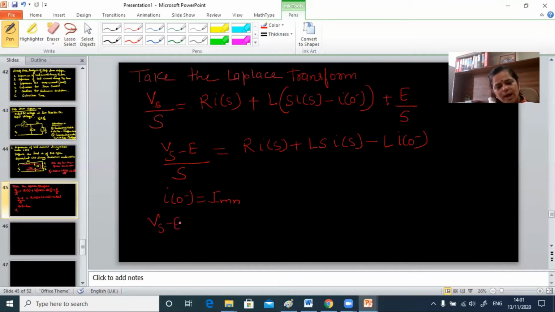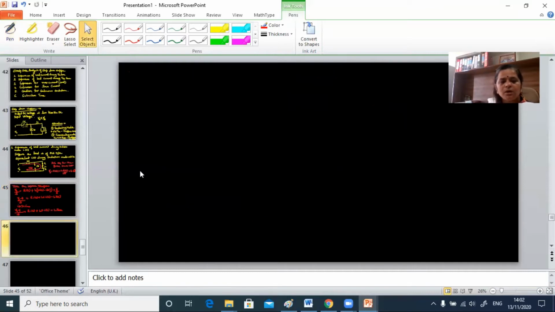So let's put this value. What am I going to get? Vs minus E by S is equal to R I(S) plus L S I(S) minus L I minimum. Now we can take this term here also.